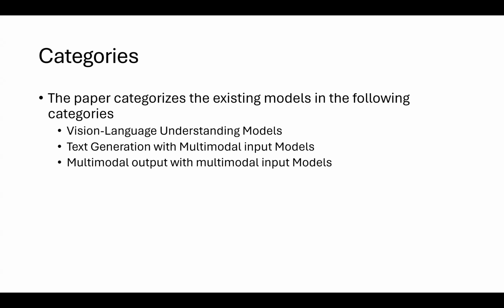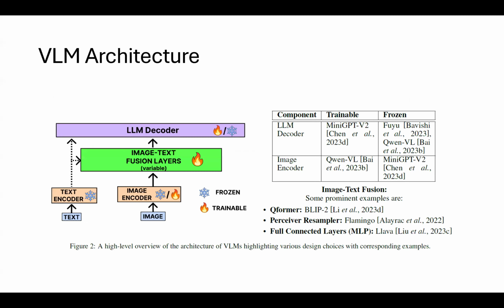Now let's look at the first category, the vision language understanding models. Before we do that, this is the standard architecture of how these two work together. You have an LLM decoder, and you have a text and image. The text is encoded in a text encoder, the image is encoded using an image encoder, and then it goes to an image-text fusion layer, and then back to the LLM decoder.